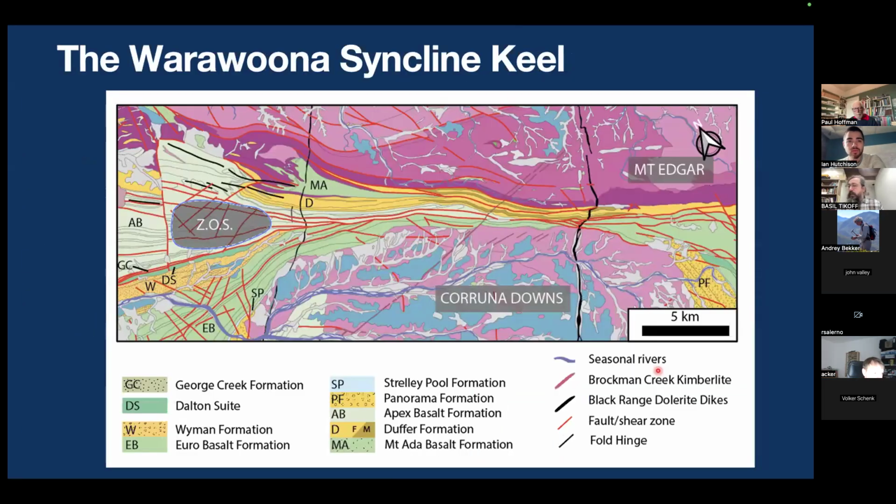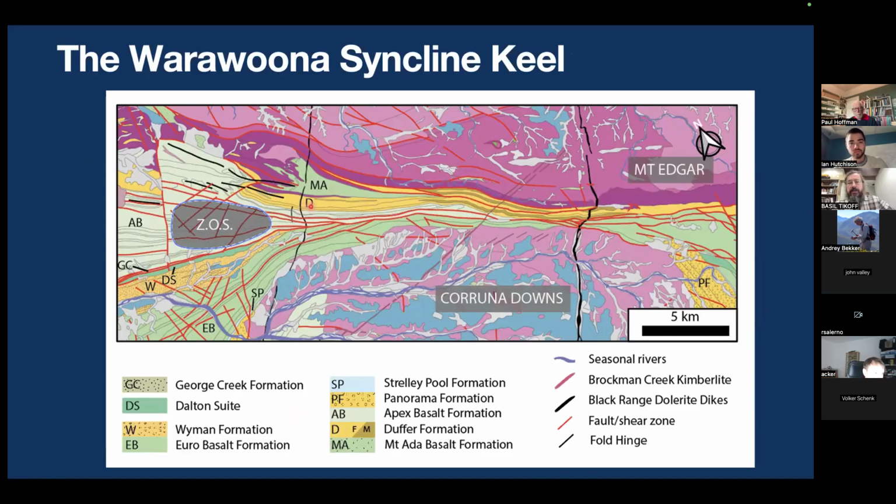All right. The next thing I want to talk about is this Warrawoona Syncline keel. So I've now twisted this so that north is oblique so that I could show this more easily on an east-west oriented panel. A lot of units are in here. I'm going to pay attention to just two of them. One is the Duffer.